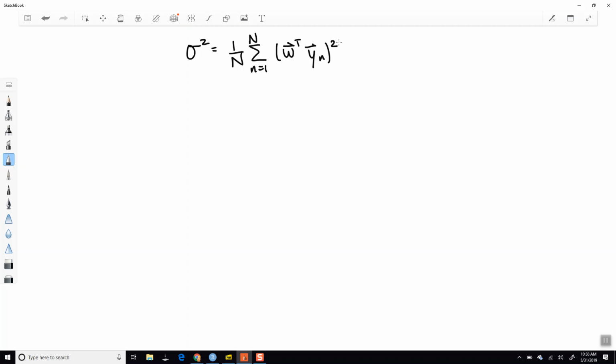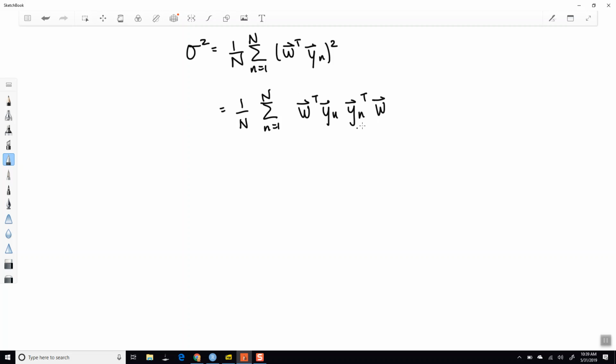I'll expand this out, so now we're dealing in vector notation again: w transpose y_n times y_n transpose w. This is still a scalar value.